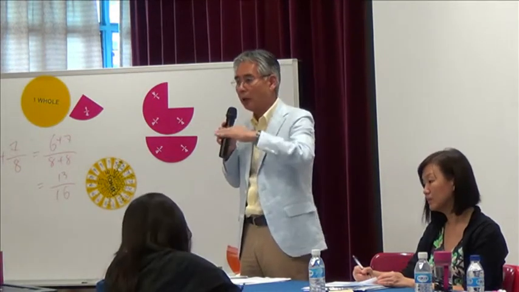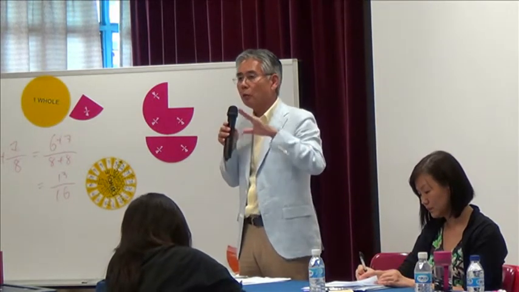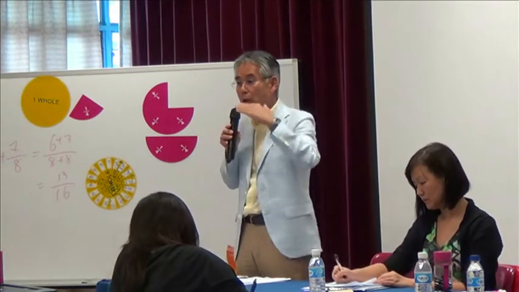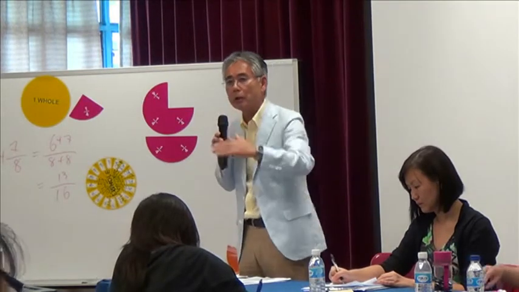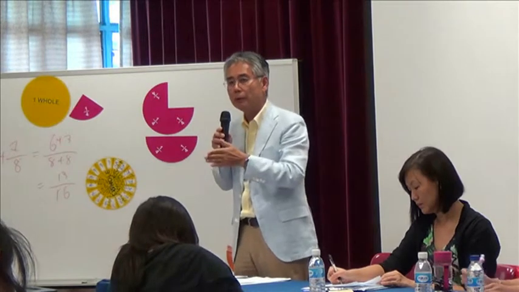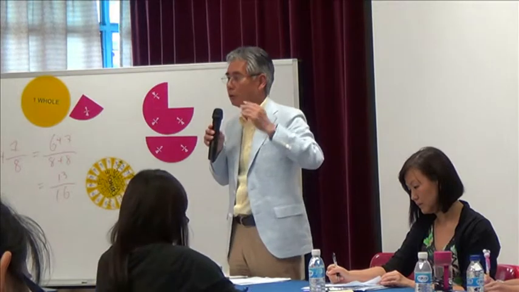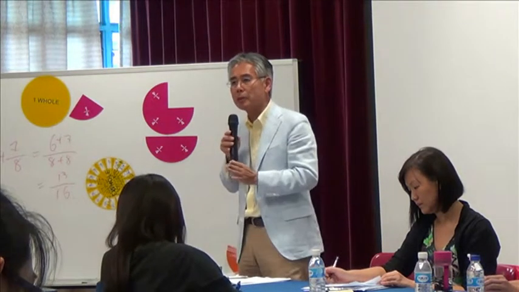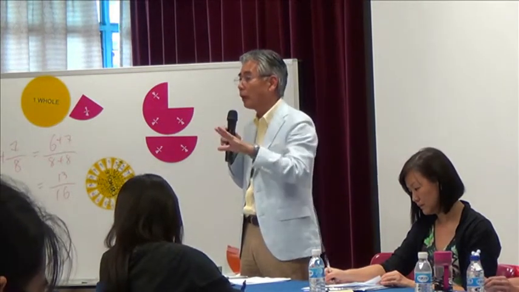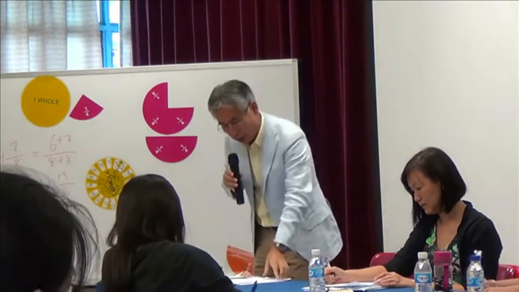In mathematics, same or equivalent have a specific meaning. In mathematics, we should use mathematical language. And that is not just for teachers, but students should see that in the mathematics classroom, we have to say it this way. In the mathematics classroom, we have to say 1/2 or 3/4, right? Not something like 3 by 4. They may use that in everyday life, right? But be specific. And that is important.